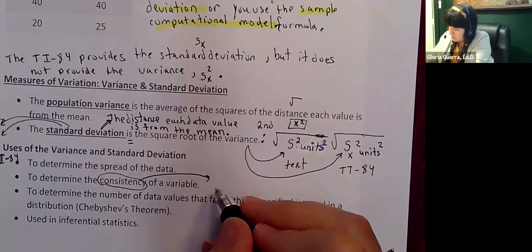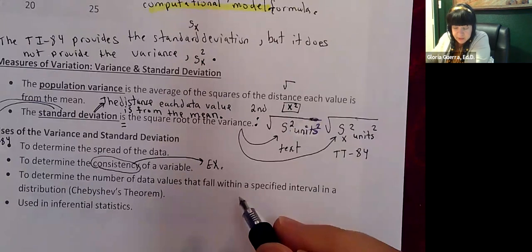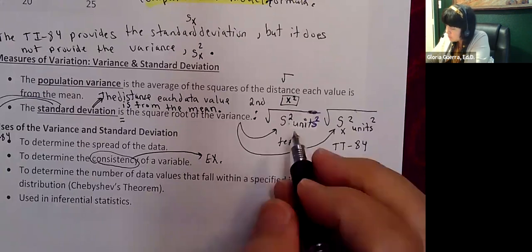So an example of that would be the variation in diameter among nuts and bolts.